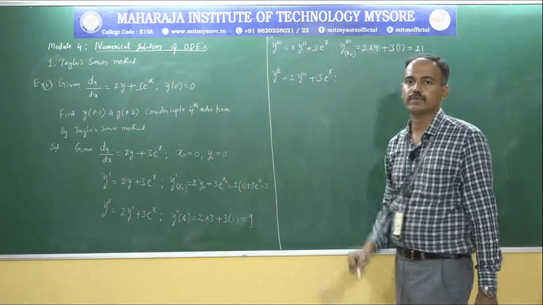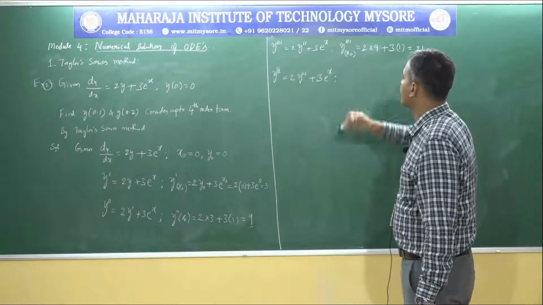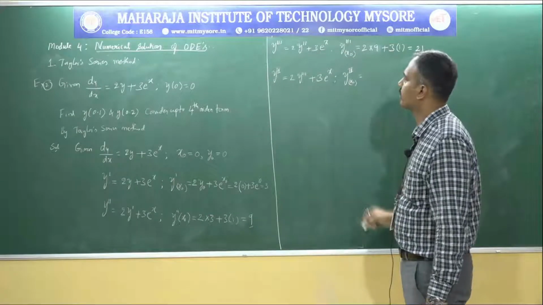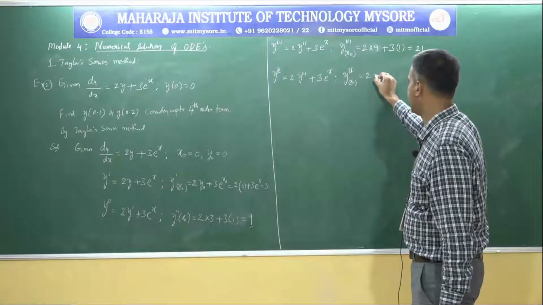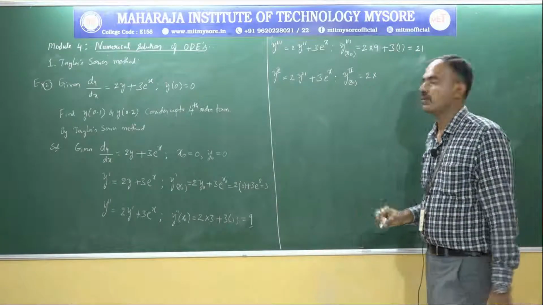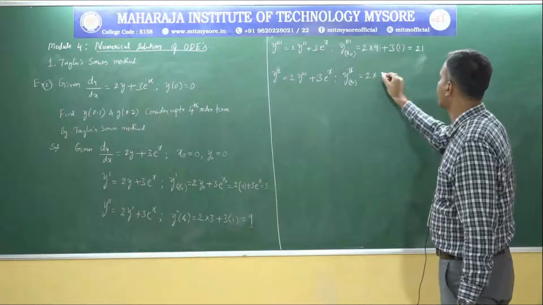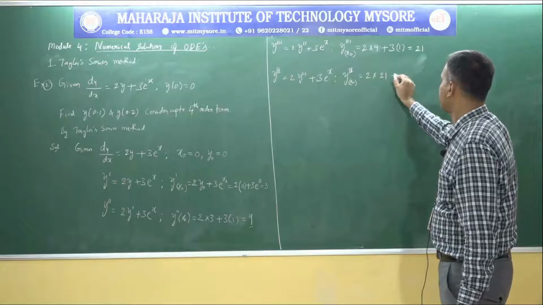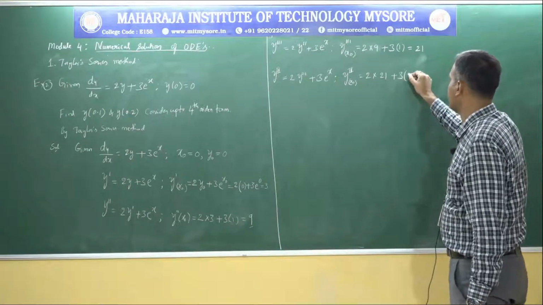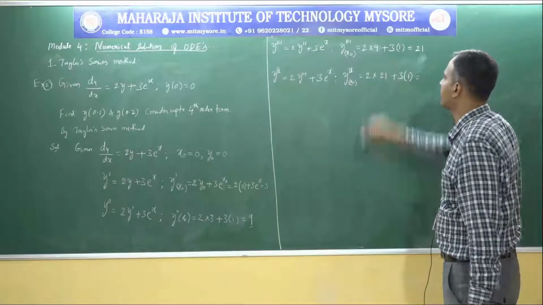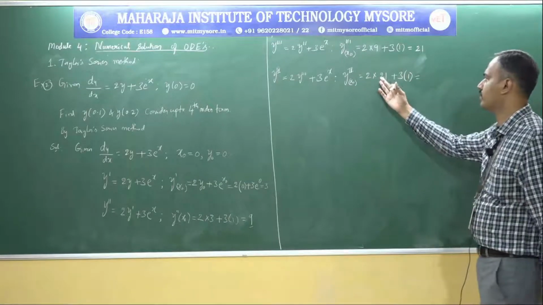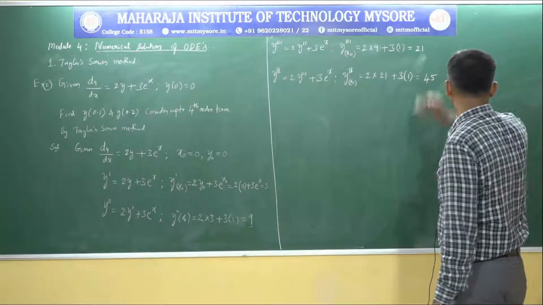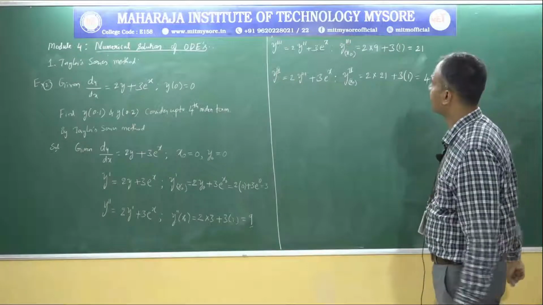Now y fourth of x naught is 2 into y triple dash, the previous value 21, plus 3 into e power 0, which is 1. After simplification, 42 plus 3 gives 45.